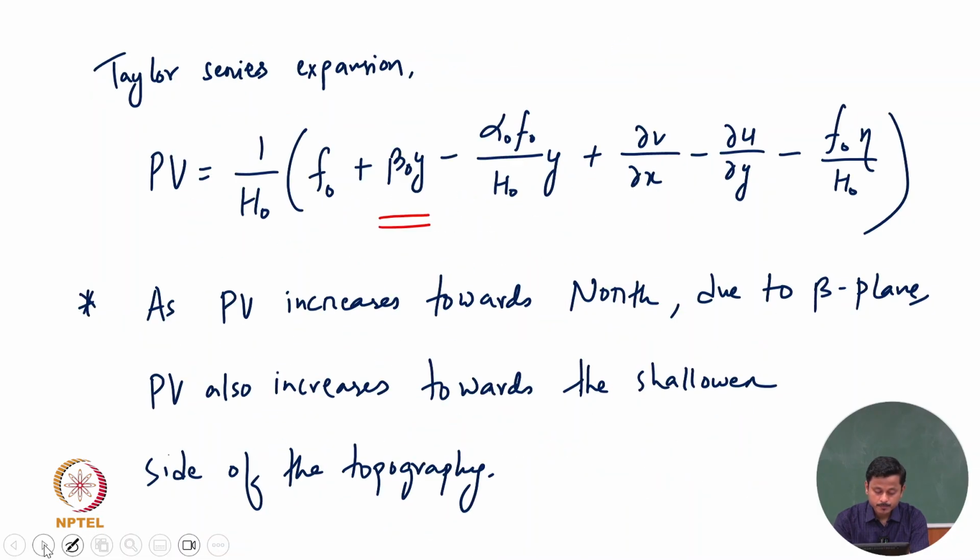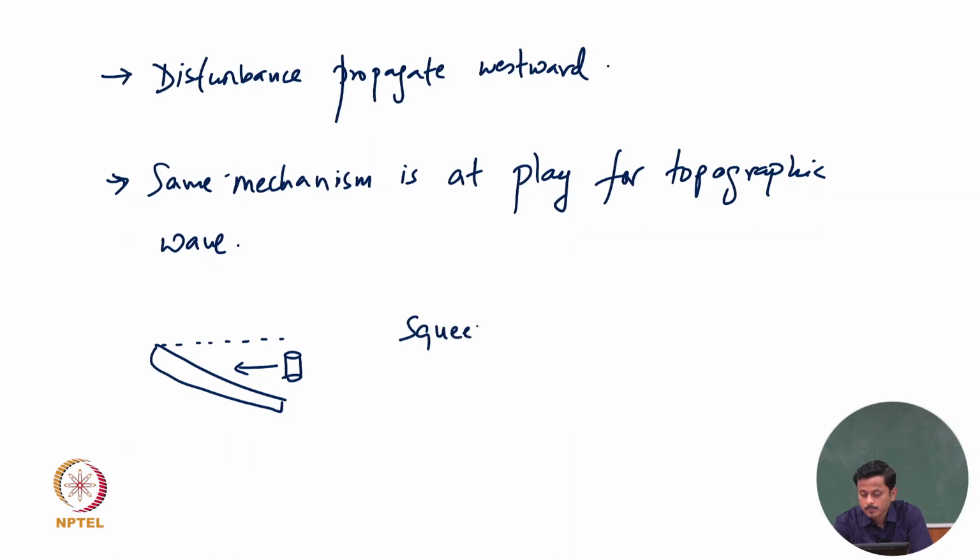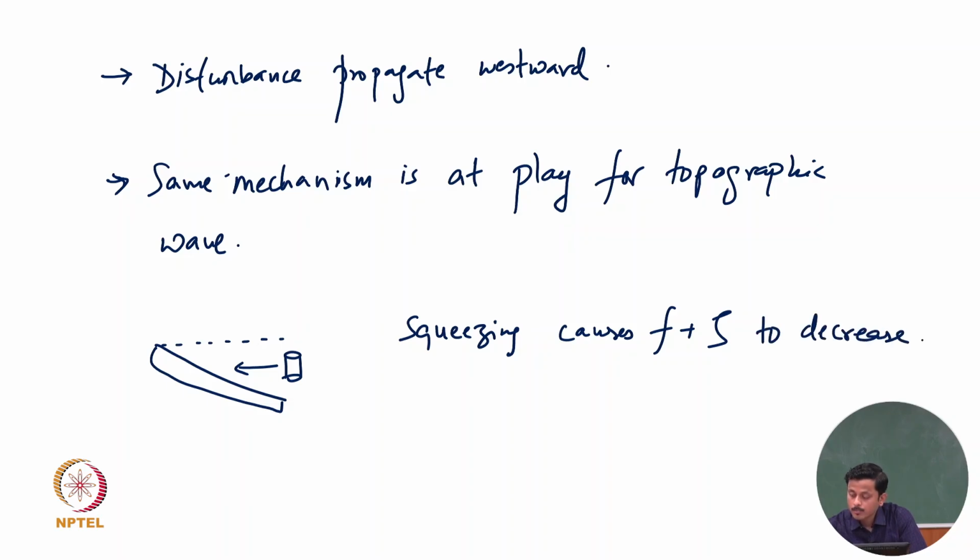So this is a shallower region, this is the topographic region, this is the reference level, and if we squeeze a fluid parcel to the shallower side, squeezing causes F plus zeta to decrease, given that H decreases.